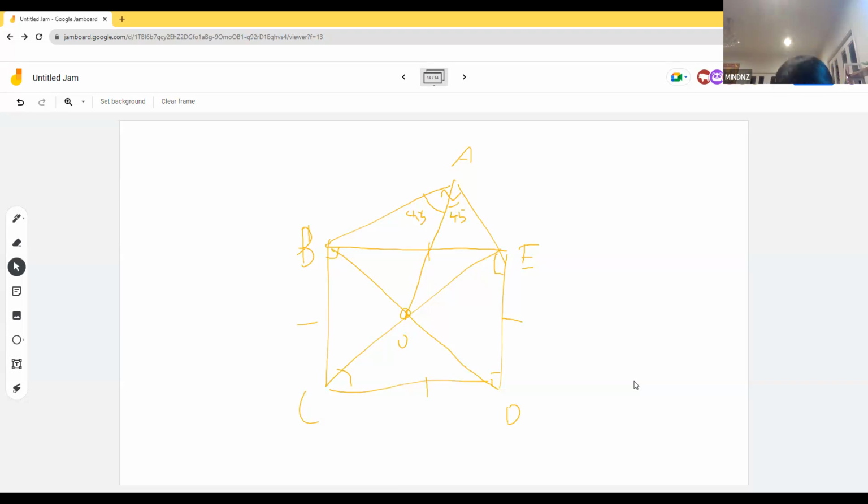Okay, so there are many ways to find this. First, maybe you want to do some angle chasing. There's a bunch of 45 degrees everywhere. And then you notice that these are also 45. So maybe you try to prove that they're equal.